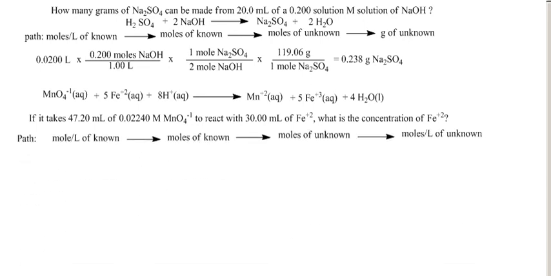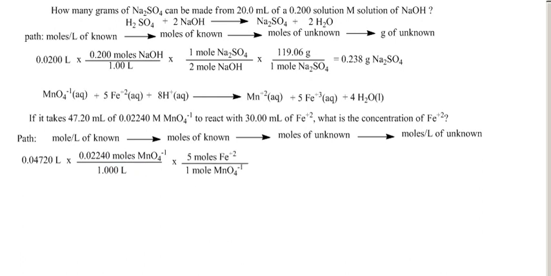The path that we're going to follow in this stoichiometry problem is to go from moles per liter of known to moles of known to moles of unknown, and then to concentration of unknown. So we start with our volume in liters times our concentration, which again I've switched from molarity to moles per liter. The chemical equation tells us that there are 5 moles of iron plus 2 for every 1 mole of manganate.